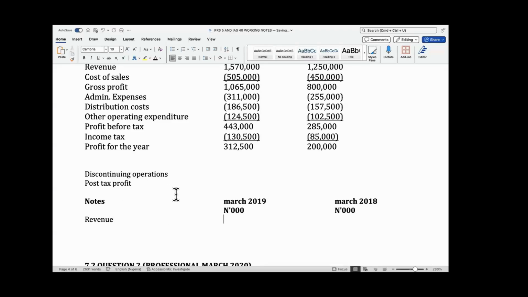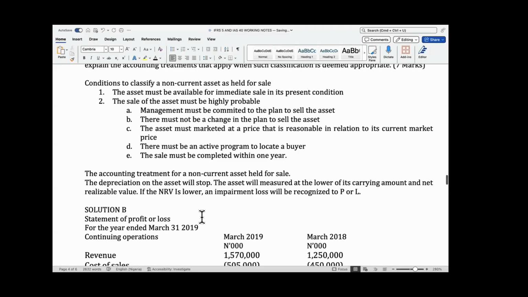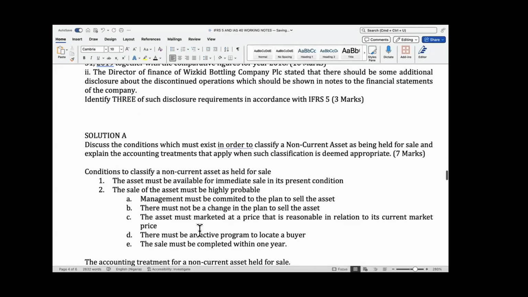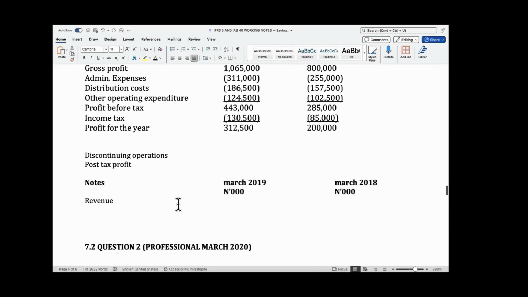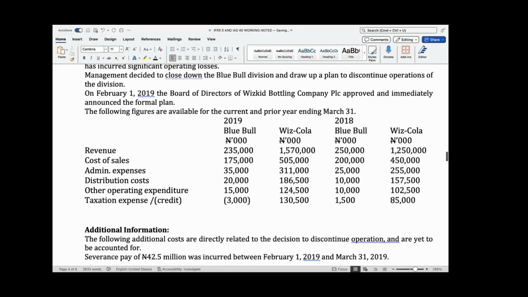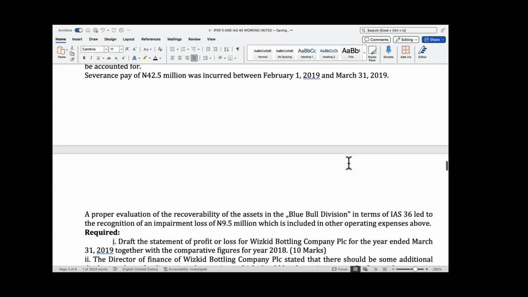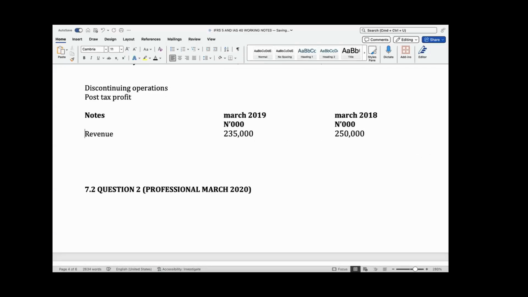My revenue for Blue Bull, I have 235,000. And for 2018, I have 250,000.